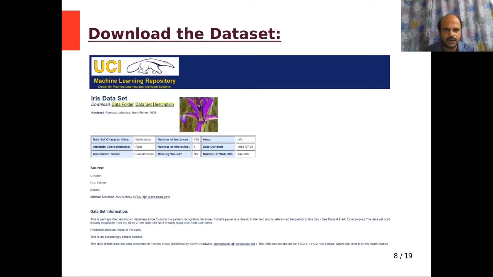To download the dataset, we are using the UCI repository. To visit the UCI repository, you just Google it, UCI repository, and then you will get the very first result, where you can visit for the iris dataset, and you can see this kind of page over there. The very first page is the basic information about this dataset.